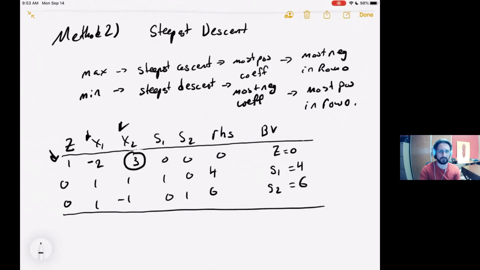That is again the coefficient 3 associated to the variable x2. Everything else follows through exactly the same as the regular simplex method. The only difference is you're choosing a different entering variable. This completes all of the discussion for minimization problems.